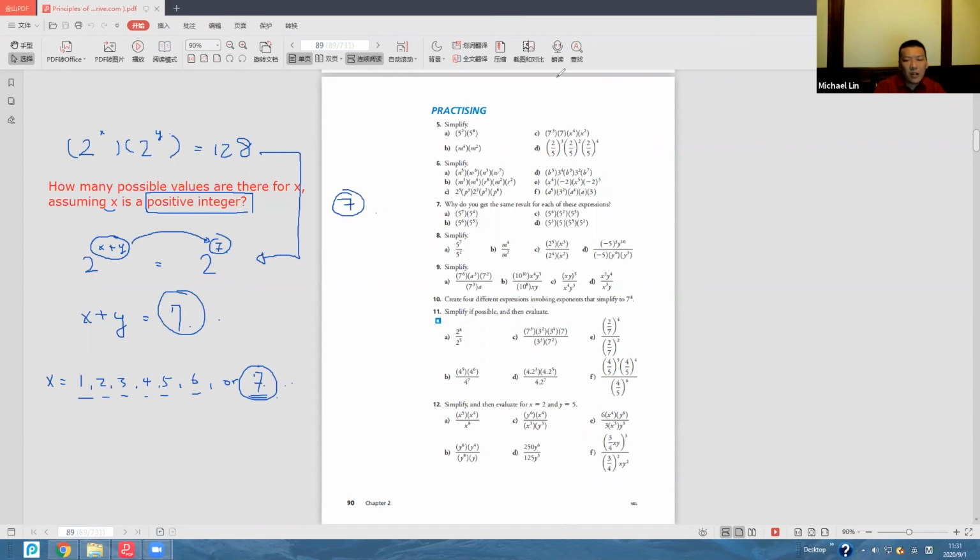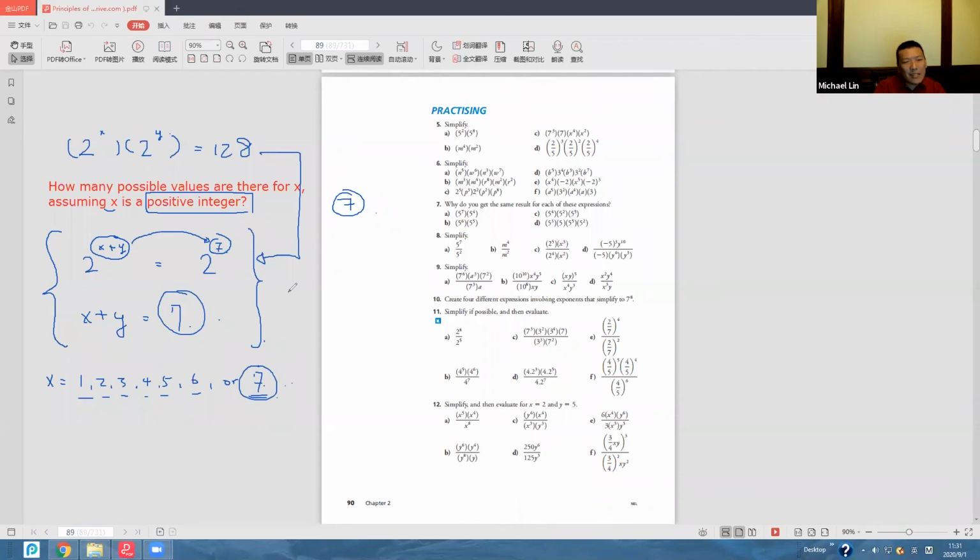Everybody understands this concept? And again, I feel like a lot of you got the final answer correct, but it's a matter of showing your work and doing the communication. Showing your work this way will probably get you a little bit higher marks.